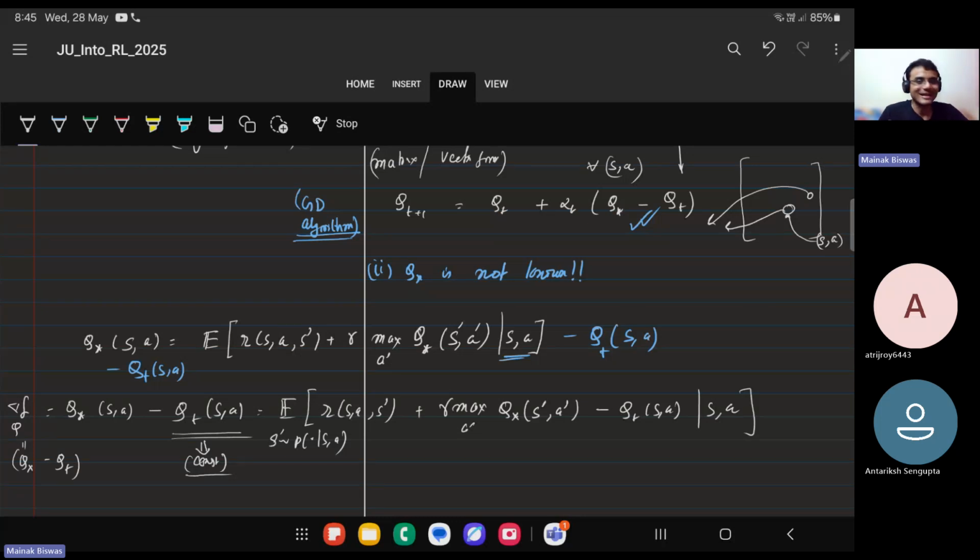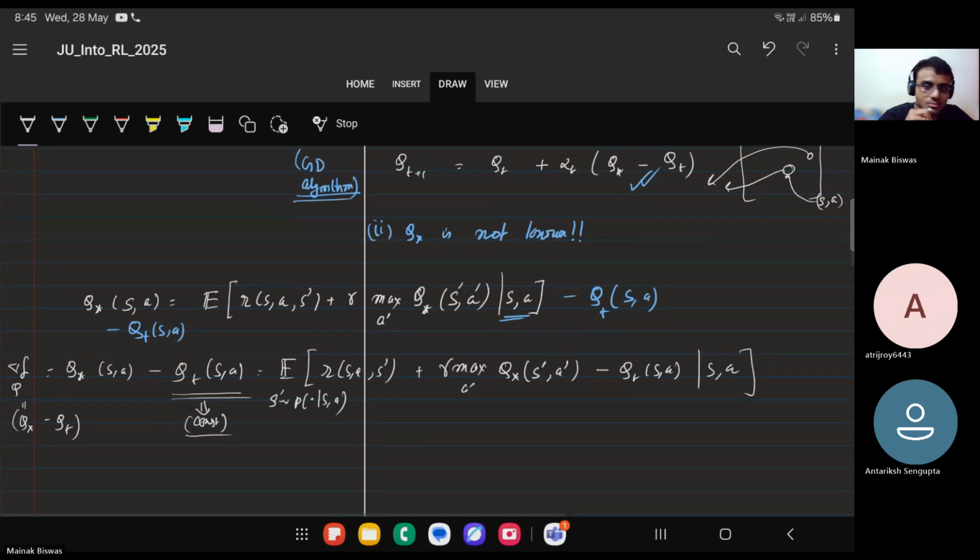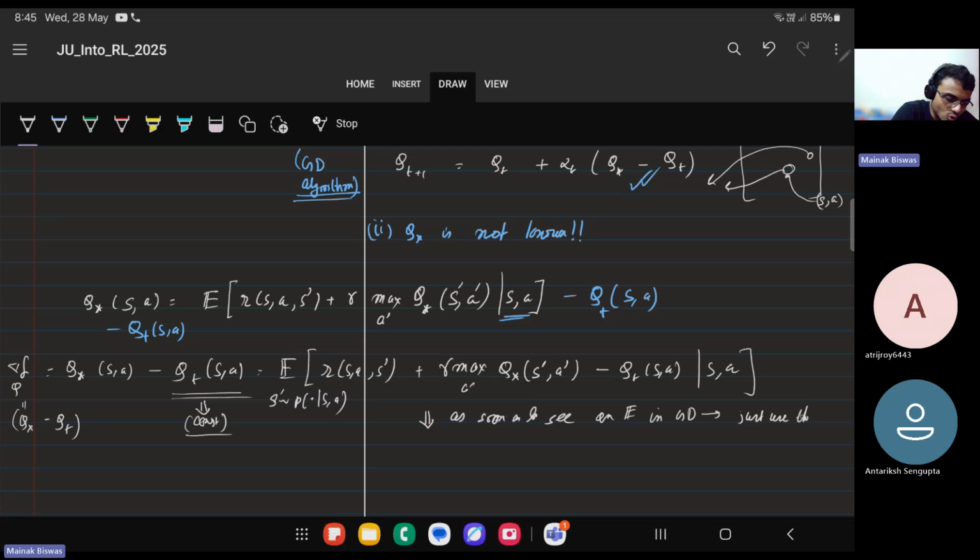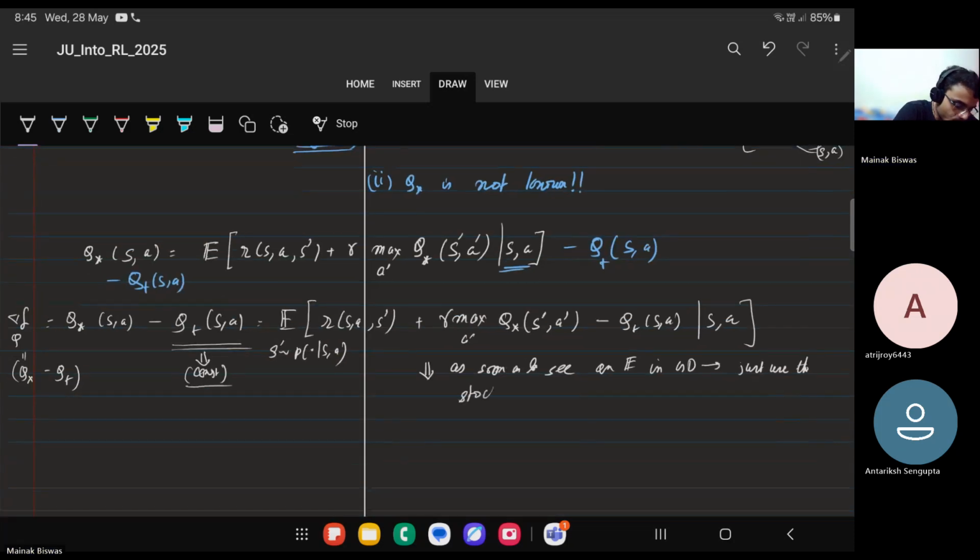So as soon as I see an expectation in a gradient, what can I do? I can take the expectation out and make it stochastic gradient. Correct. As soon as I see an expectation in gradient descent, just use the stochastic term for SGD, the stochastic gradient descent.